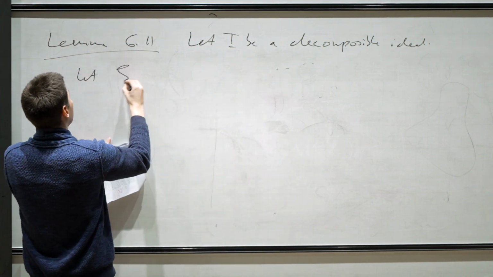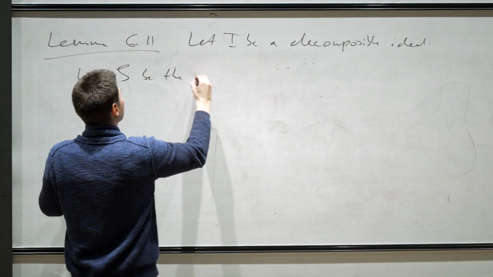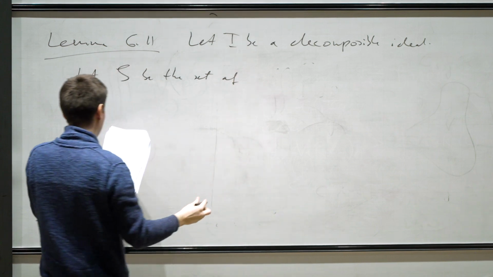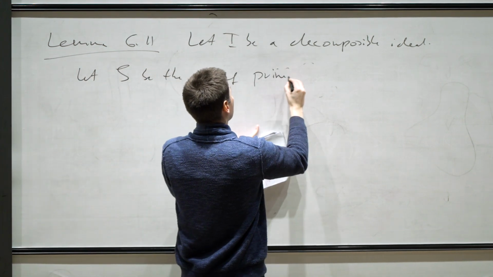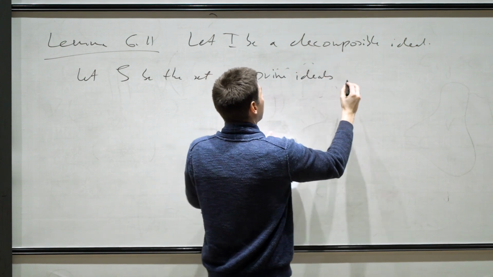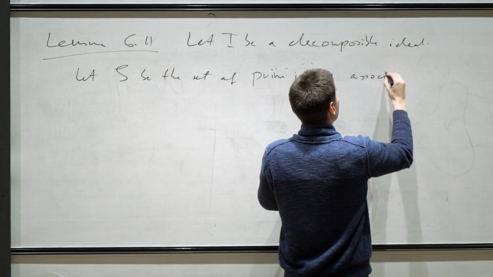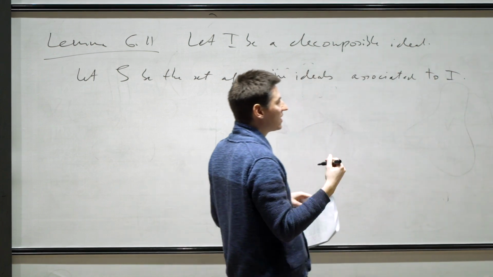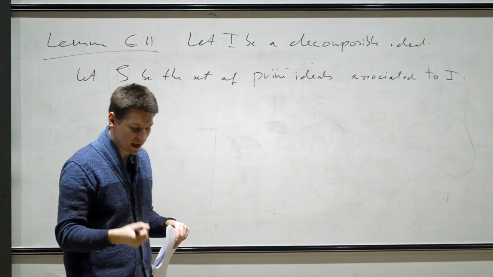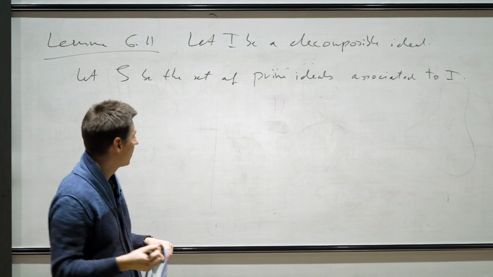So let S be the set of prime ideals associated to I. Okay, so these are the primes that appear as radicals of the J_i's in some minimal decomposition.